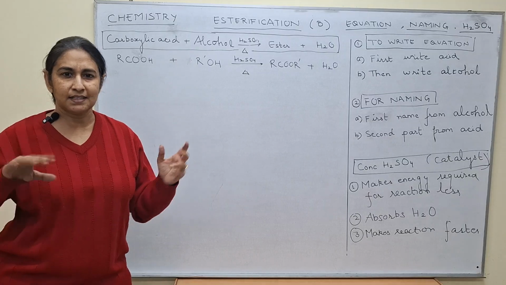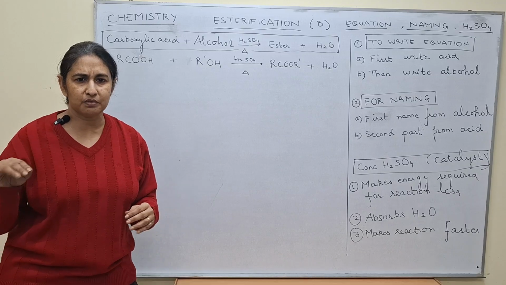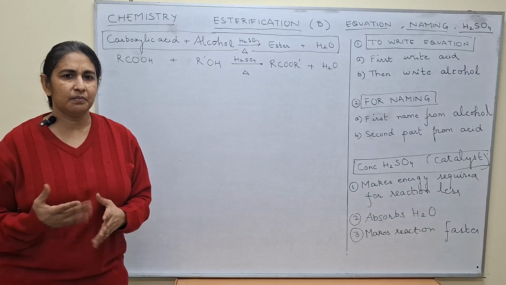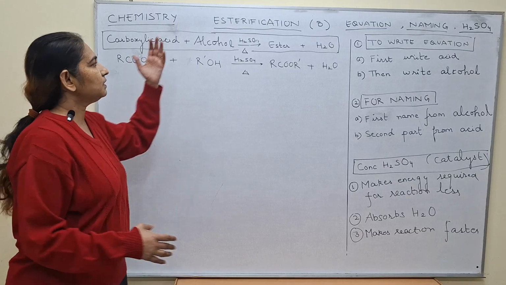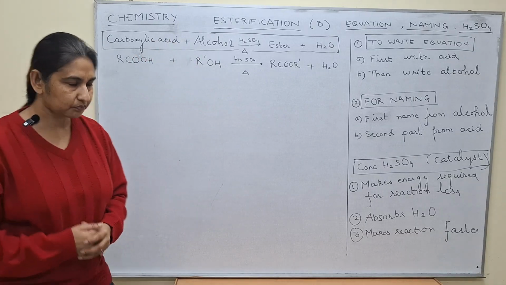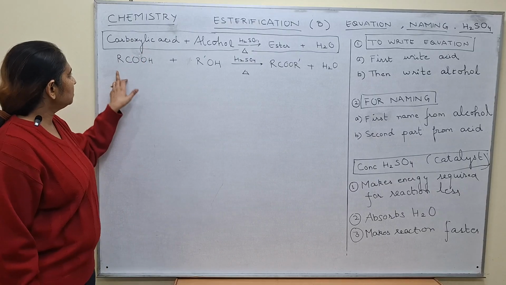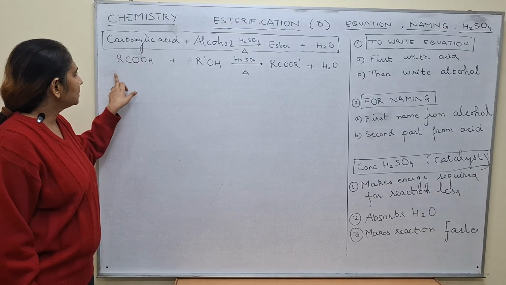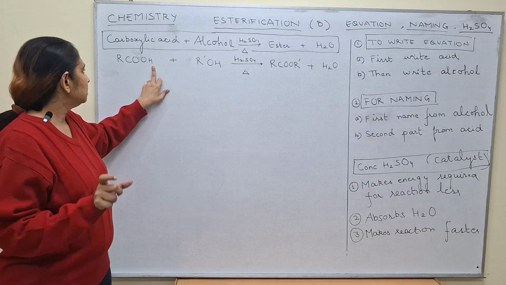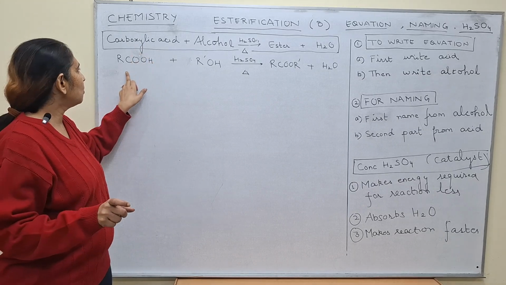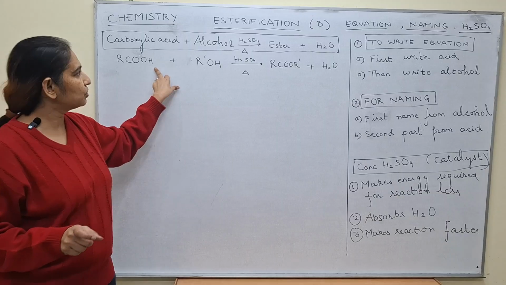Just like in inorganic chemistry we remember acid plus base is like this, here it is acid plus alcohol. Now let's revise. The general formula for carboxylic acid is RCOOH.